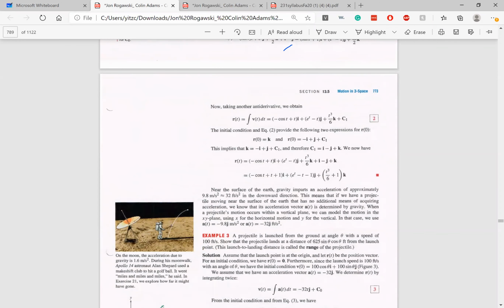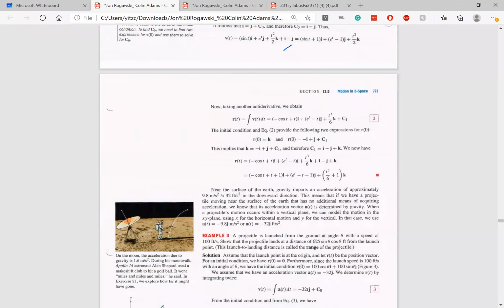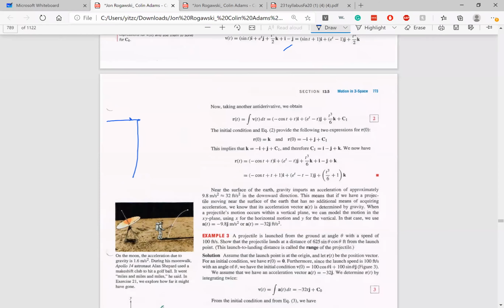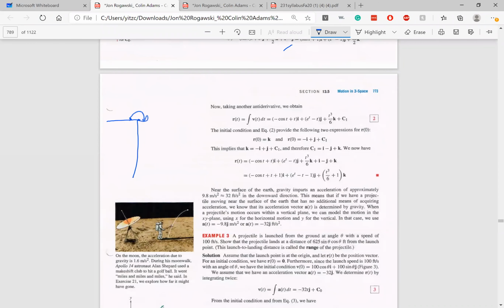Okay, so now they say near the surface of Earth, gravity imparts an acceleration of approximately 9.8 meters per second in the downwards direction. So, which would mean that if we were standing here and we throw a ball off, imagine it has no other forces, it would start falling down with an acceleration in the y direction of 9.8 meters per second.